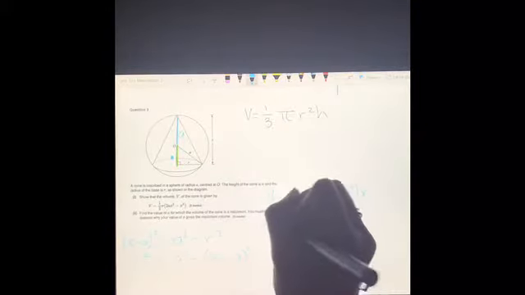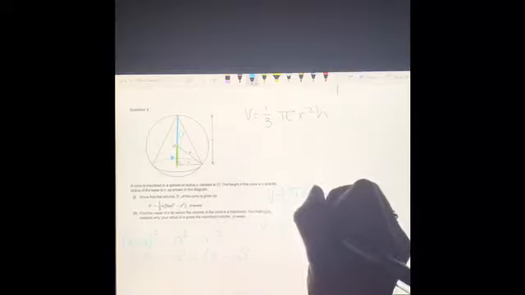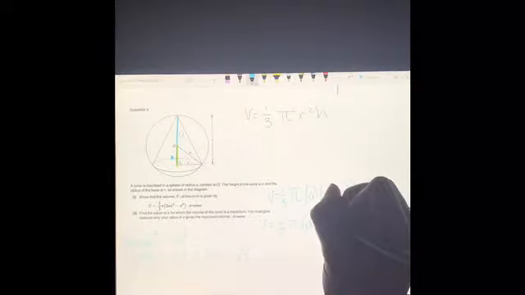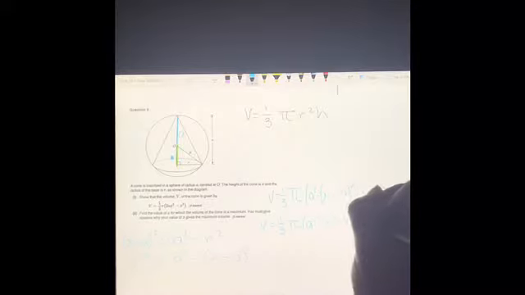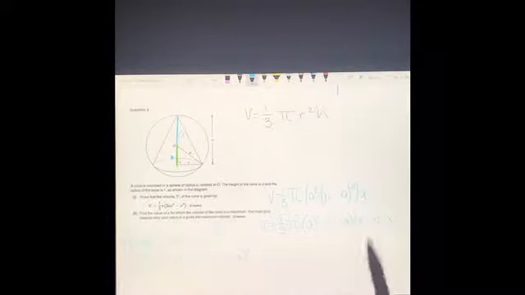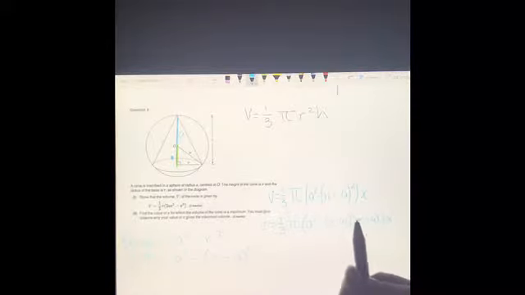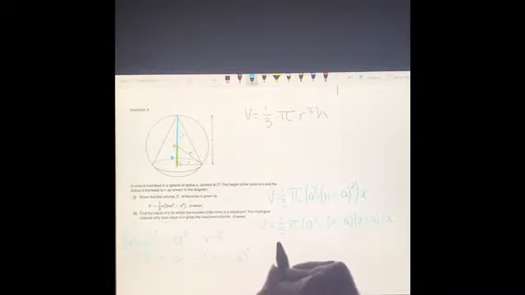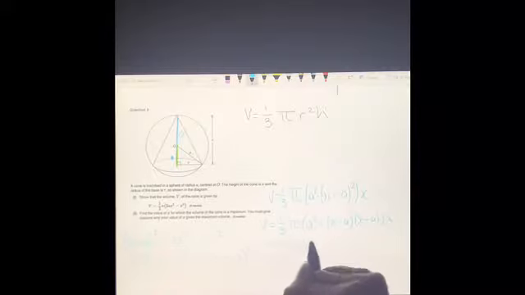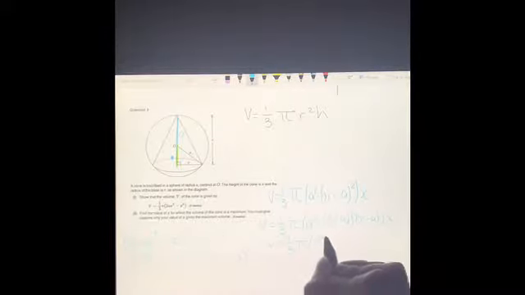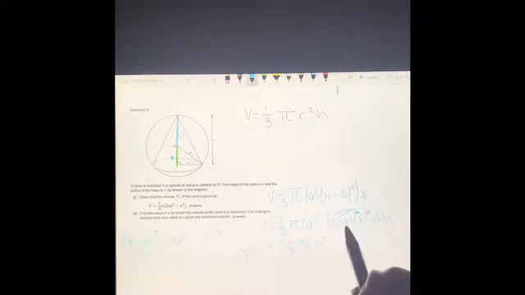V equals 1/3 pi a squared minus x minus a, x minus a, x. Okay, so next we're just going to times these together. So V equals 1/3 a squared minus, we're going to expand this like that.